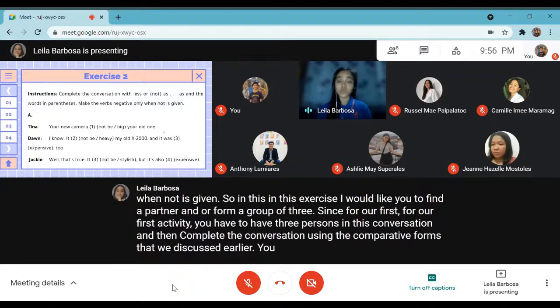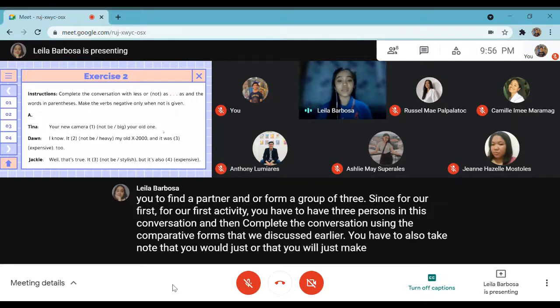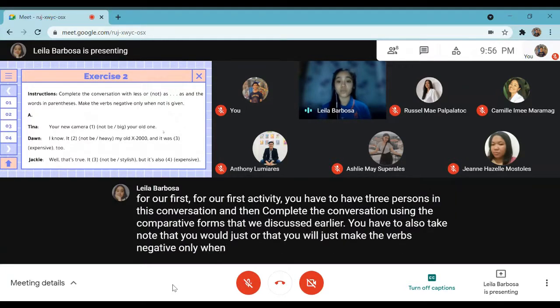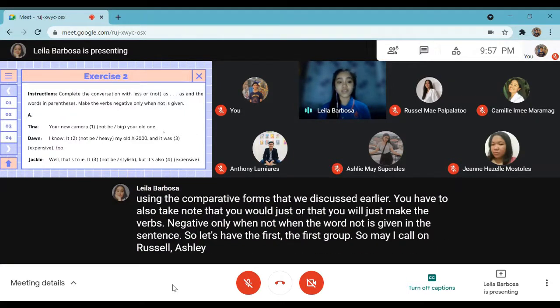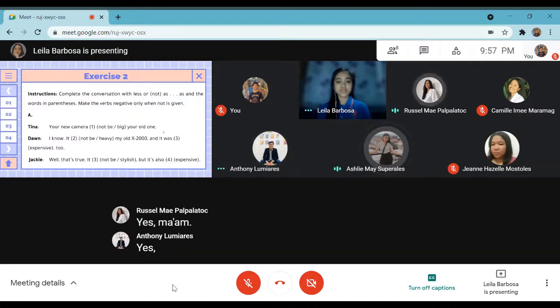You have to also take note that you will just make the verbs negative only when the word not is given in the sentence. So let's have the first group. So may I call on Russell, Ashley, and Anthony? Yes, ma'am. So you can now proceed with the activity.